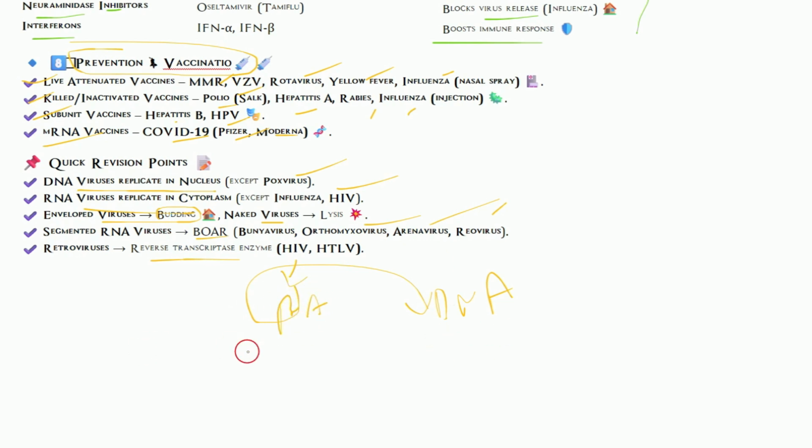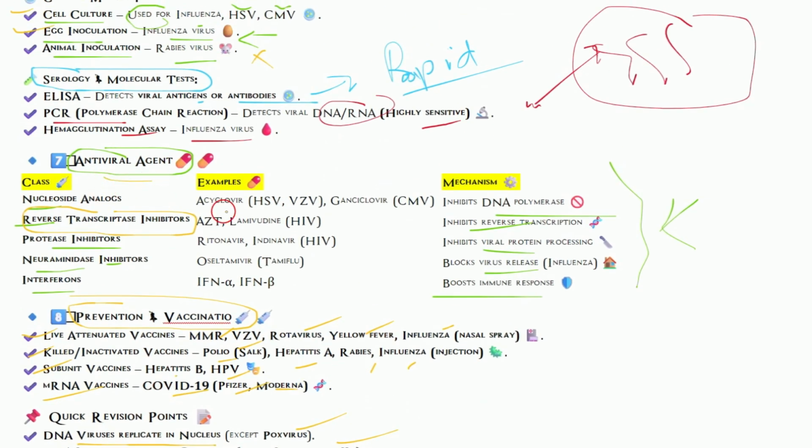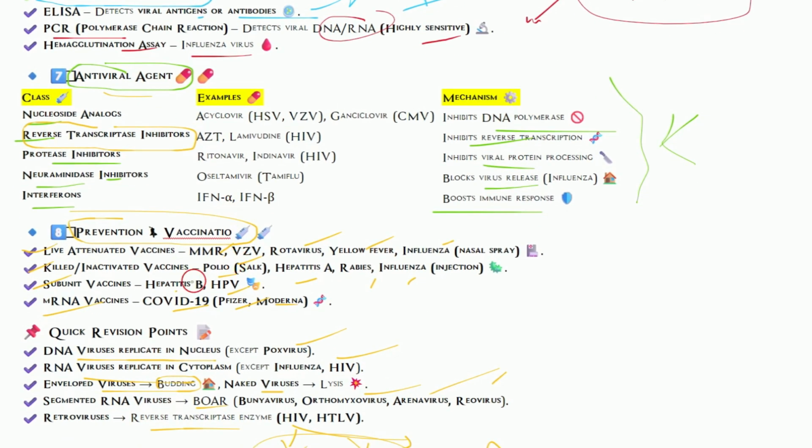That process is blocked or inhibited by some medicine. So this is also a mechanism of how the antiviral agent acts, not for all but for HIV, right? You can see there.